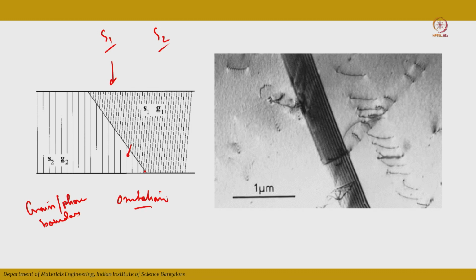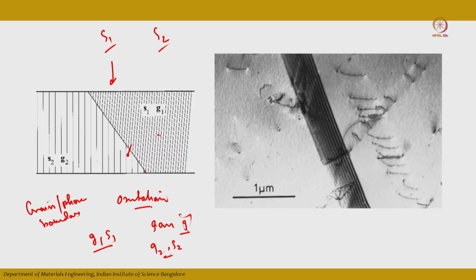So, diffraction conditions on both sides cannot be described in terms of the same G; your G value changes, because the interplanar spacing of this grain and of that grain totally changes. Okay. So, if one grain is set up in a 2 beam condition with G1 and S1, it is possible that the other grain is not in the 2 beam condition, and is in some G2, S2 condition.